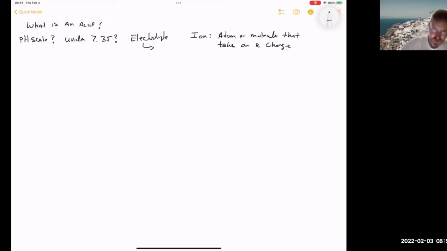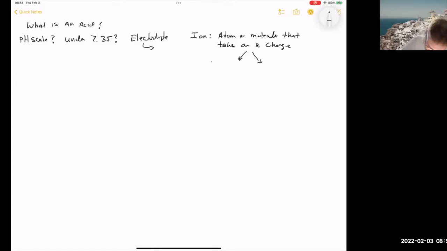This is critical for understanding stuff a little later on. So an ion is something that takes on a charge, right? Either gains or loses an electron. All right. And there are two major categories of ions.